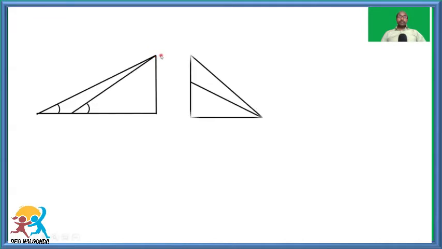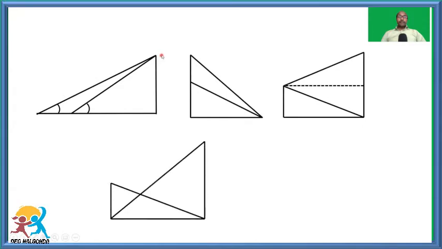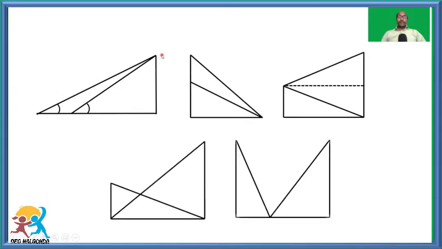The figures for these problems are like this. Are you observing? Watch carefully. So we are going to face this type of figures now.